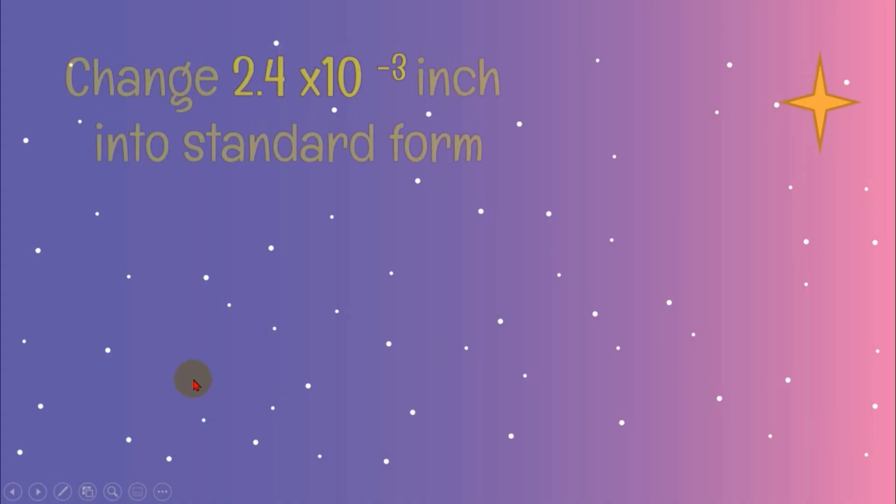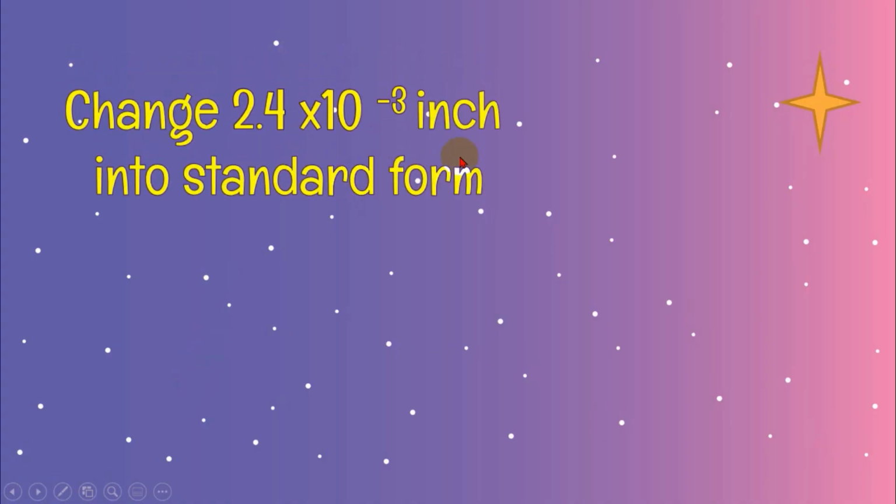So, let's change that 2.4 times 10 raised to negative 3 into standard form. And how do we do that? Of course, take out the given number, 2.4 times 10 raised to negative 3. Then, anong sunod na gagawin natin? Determine the exponent.